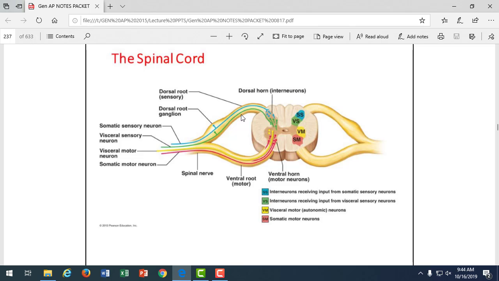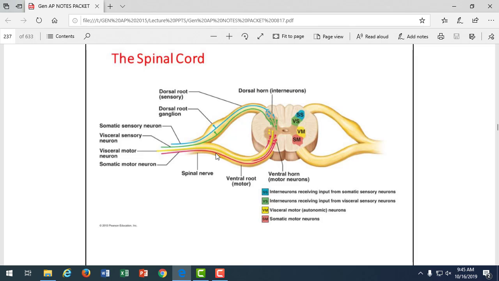In your notebook, it might be just black and white, but just put arrows showing that it's going into the spinal cord. So the sensory pathway comes into the spinal cord through the dorsal root. The other one, the ventral root, is the motor response. It's the response that's been sent from the brain or spinal cord back out to some organ out here that is waiting for a response.